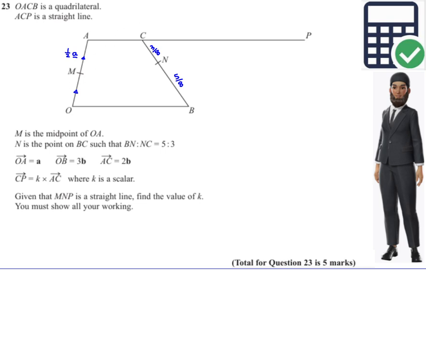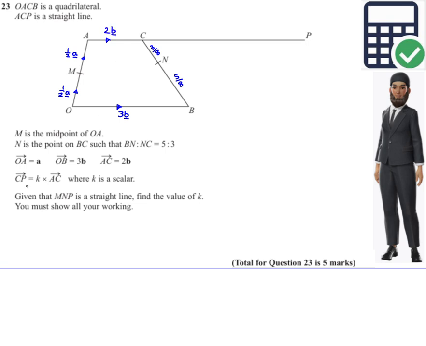That's going to work out to be half A. Then it says OB is 3B. You need to put an arrow going in that direction from O to B, and that's going to work out to be 3B. So let's fill that in. And then AC is equal to 2B, so going in that direction, that's going to be 2B.